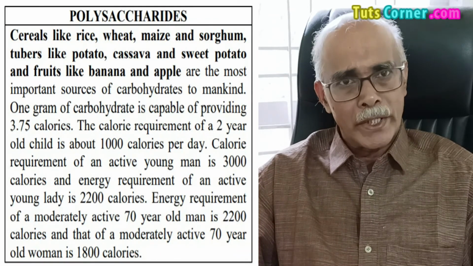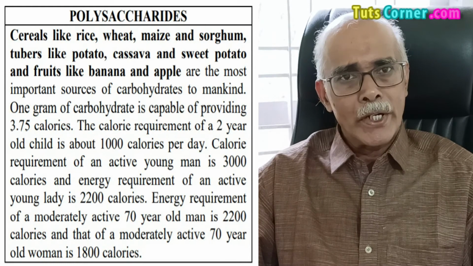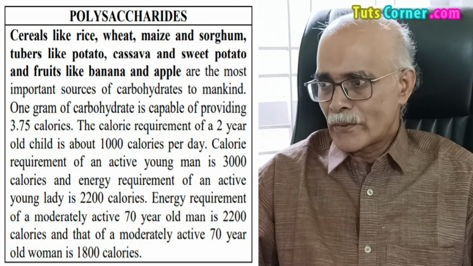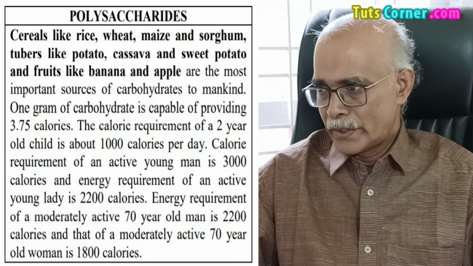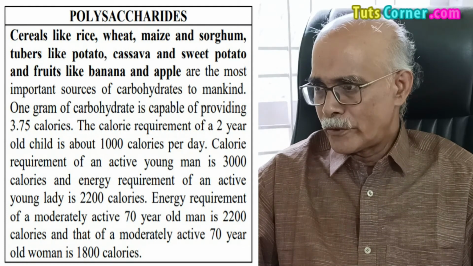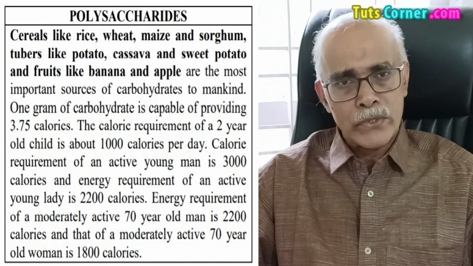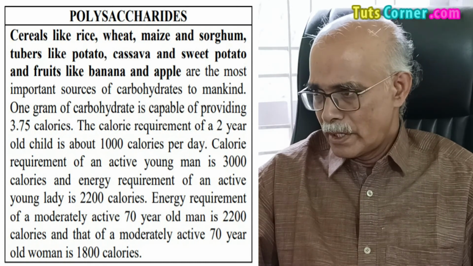1 gram of carbohydrate is capable of providing 3.75 calories on digestion. The calorie requirement of a 2-year-old child is about 1000 calories a day.